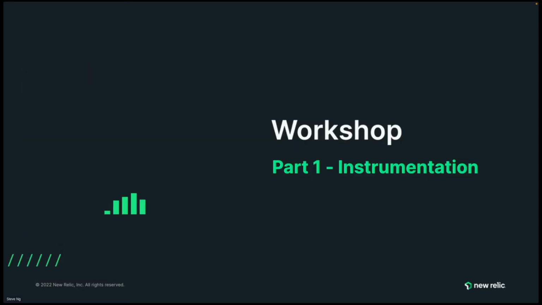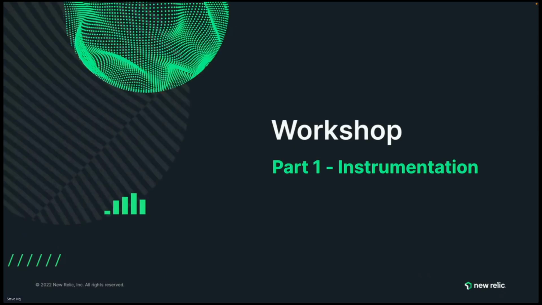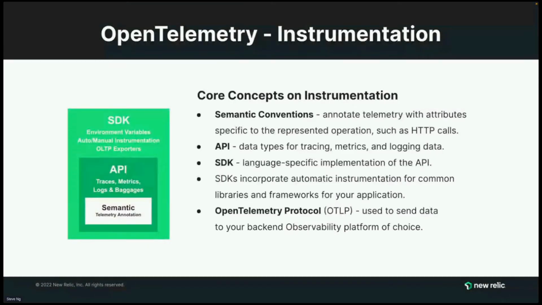Okay. So number one, let's talk about instrumentation. As mentioned earlier, OpenTelemetry is an open standard where people come together, including New Relic, open source, and all the vendors, and we have an opinion on what instrumentation will look like.